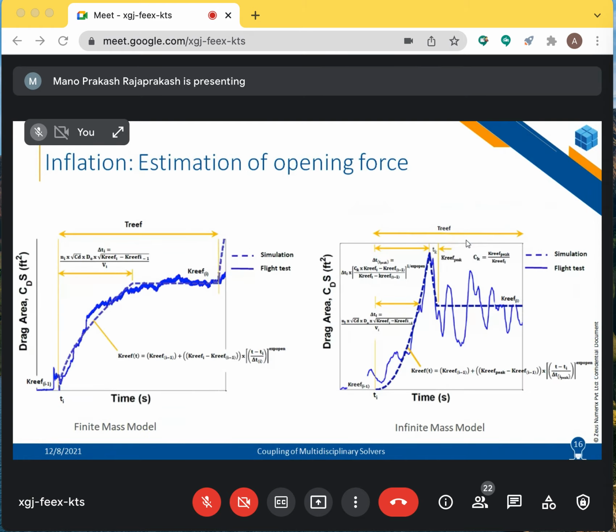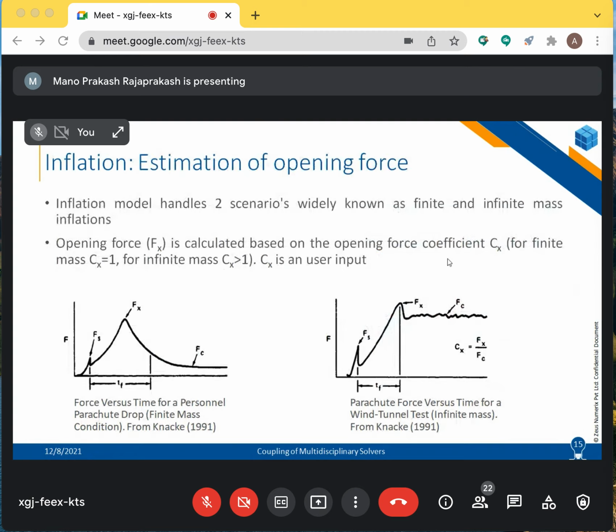One other important reason for modeling this added mass is, I'll just briefly go to the previous slide. When you consider added mass, it is going to help us predict the time at which the peak force is bound to occur. If I'm not modeling the added mass, the simulation can predict it with some error band.